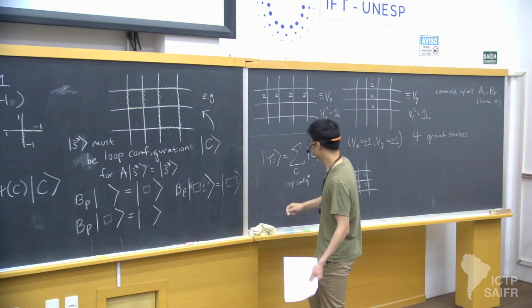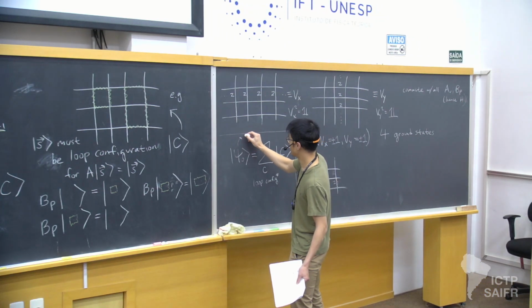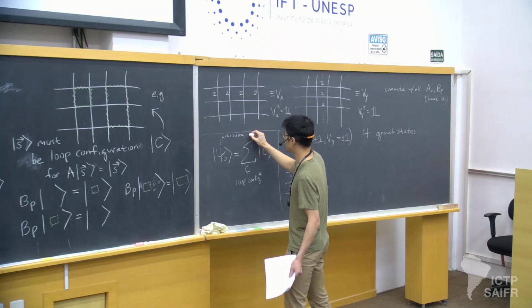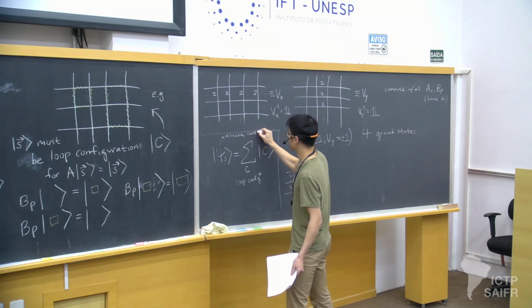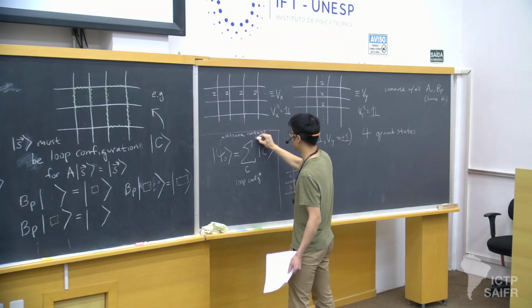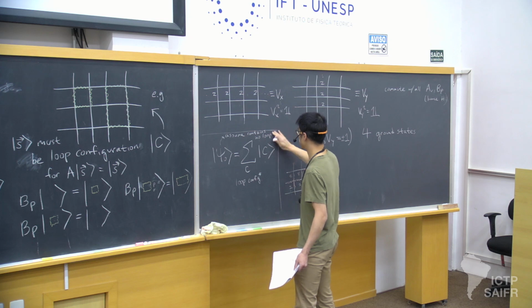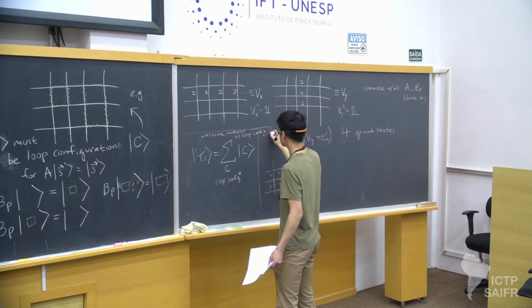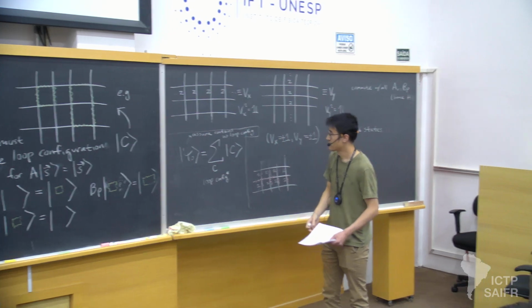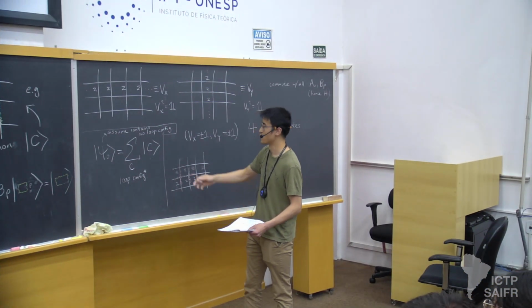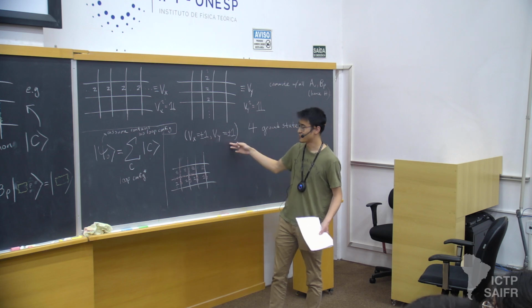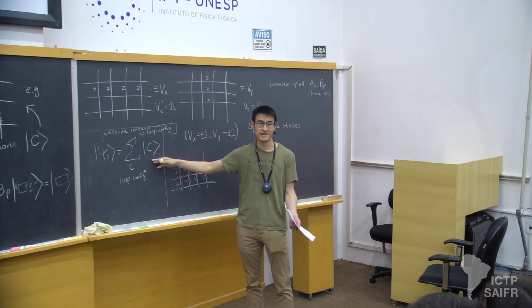Assume it contains the no loop configuration. So the question is, which of these ground states did I just construct?